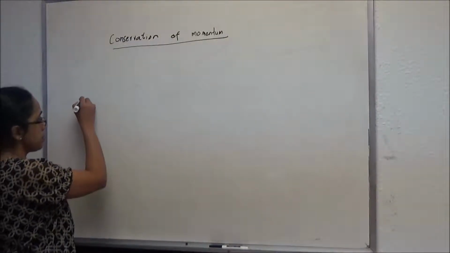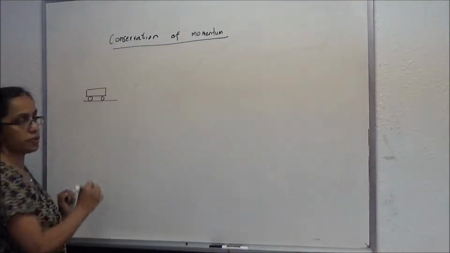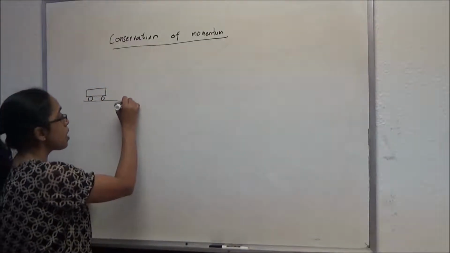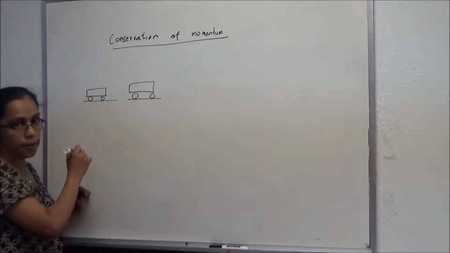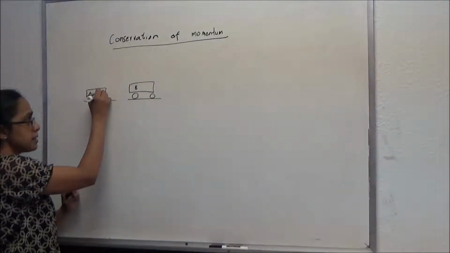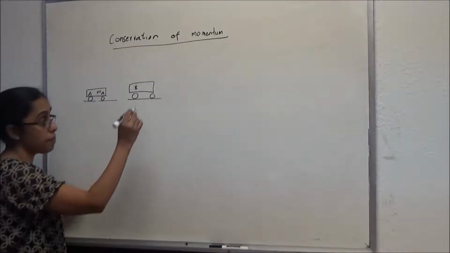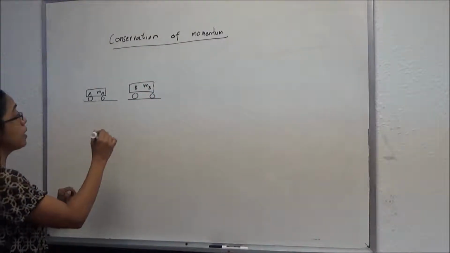Alright, so let's take an example. Assume we have two wagons or two cars. Let's call this A, let's call this B, and let's assume that the mass of this is MA and the mass of this is MB. Okay?